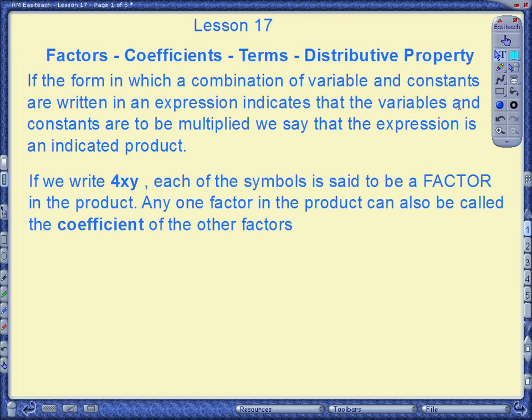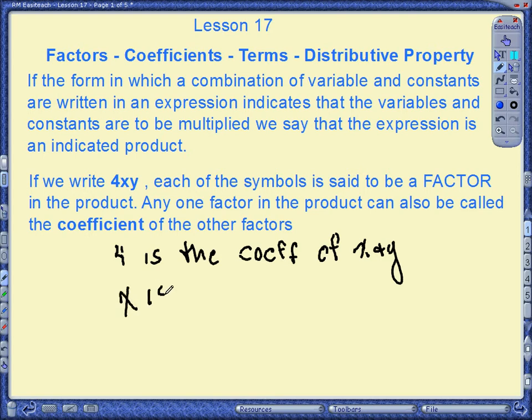So we could say, for instance, that 4 is the coefficient of x and y. We could also say x is the coefficient of 4y, etc.